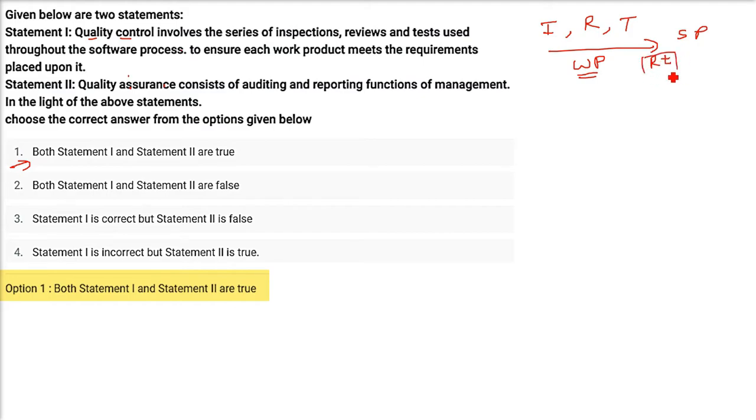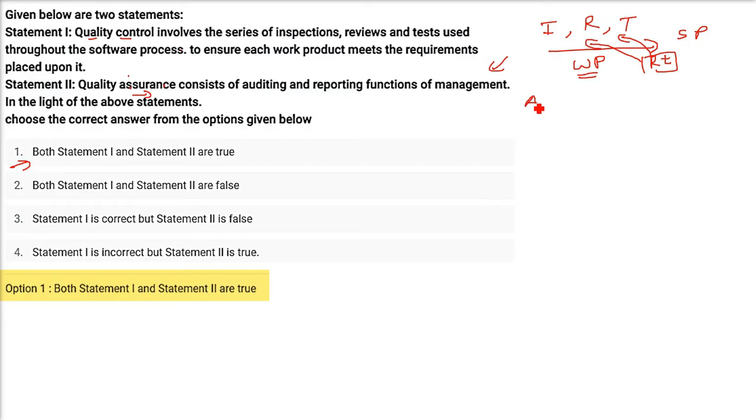This is quality control. But what is quality assurance? Quality assurance is about the auditing and reporting functions of management. In light of these statements, both statement 1 and statement 2 are absolutely correct.